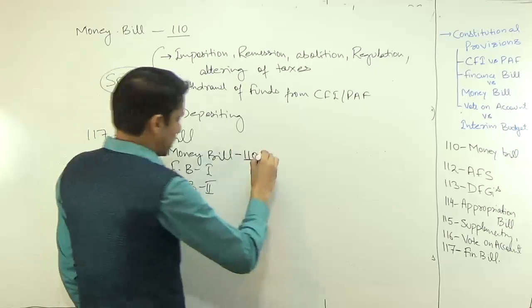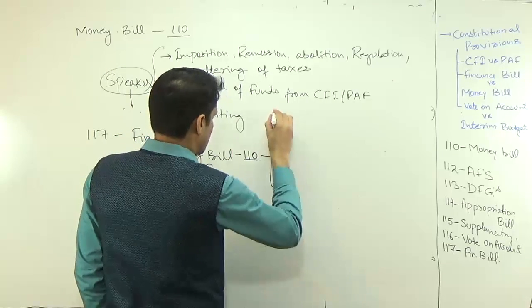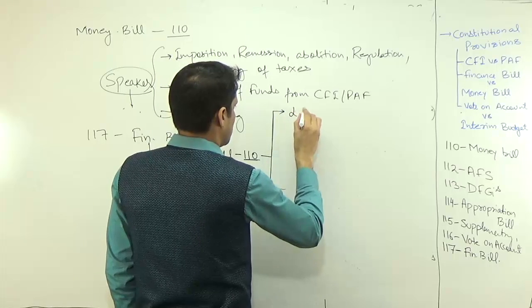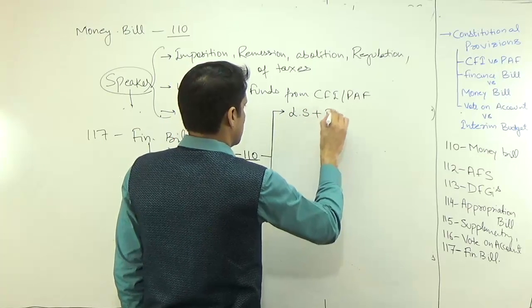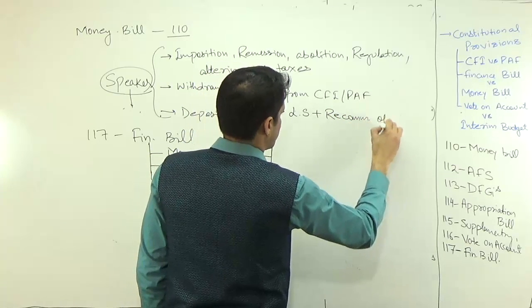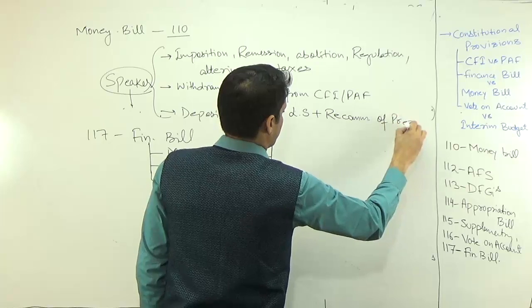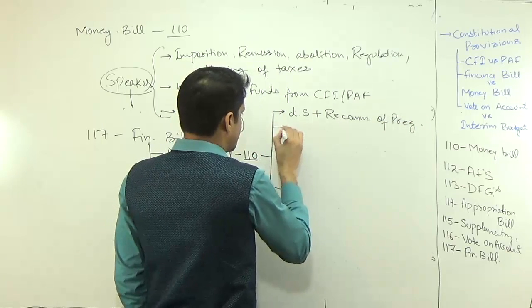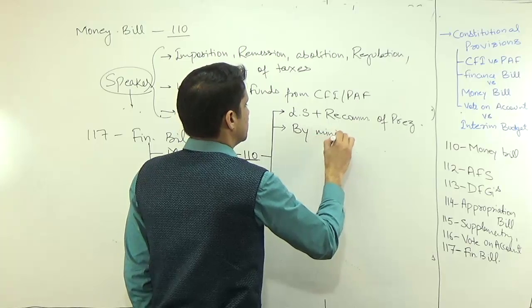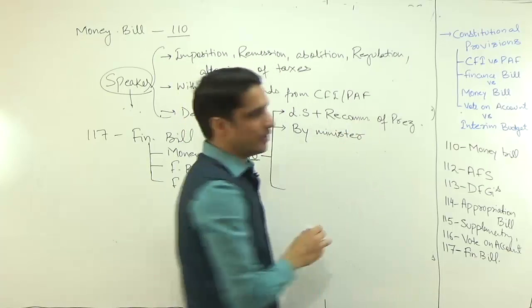And what are the other characteristics of a money bill? It can be tabled only in Lok Sabha, and that too after the recommendations of the President. One more characteristic is it can be tabled only by a minister. It means it cannot be a private member bill.